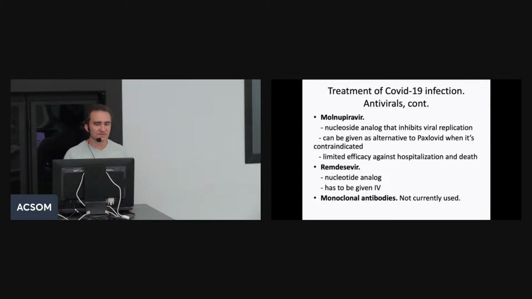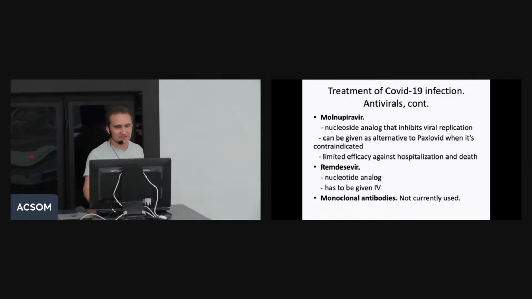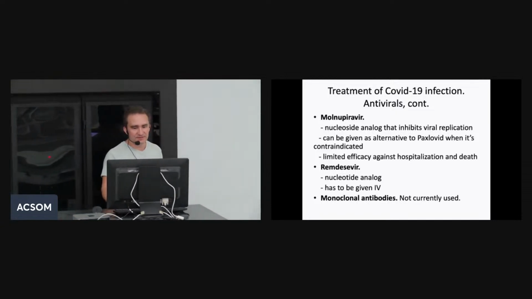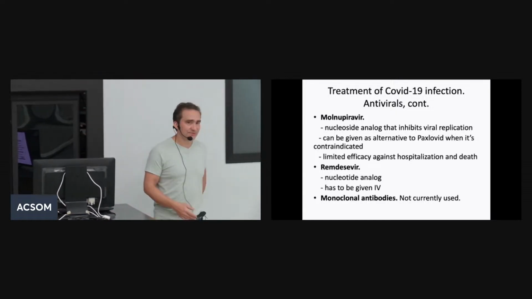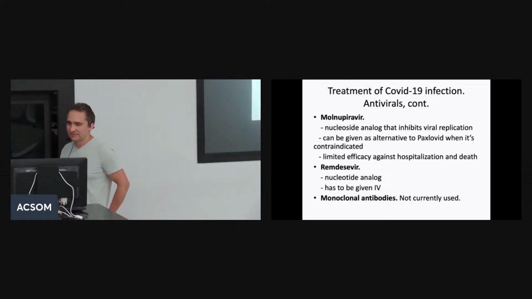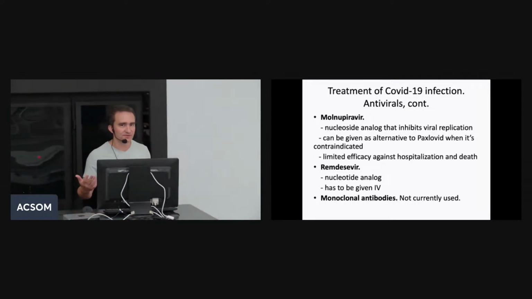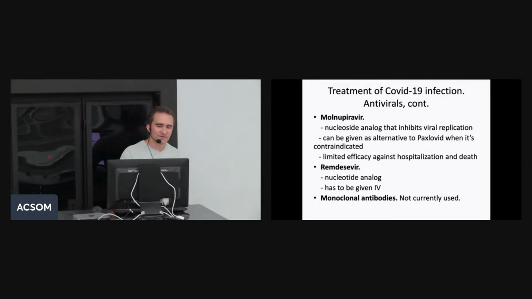But it's not used outpatient now because it's complicated to give an IV medication, especially if it's like twice a day. When somebody is hospitalized for COVID, then it's common to use. And as I mentioned, monoclonal antibodies are not currently used because the virus keeps changing, and it became not cost effective and not profitable to make these antibodies and pursue these mutations.